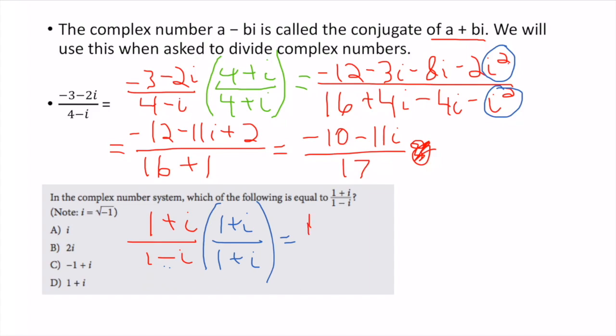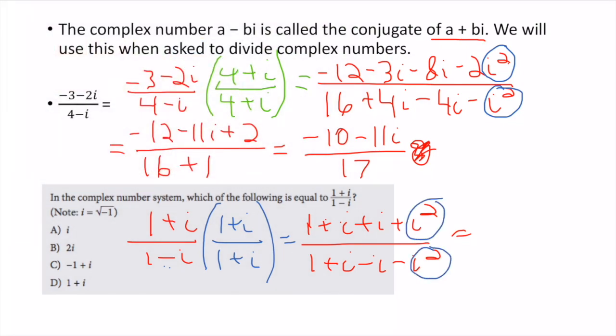So when I FOIL the top, I get 1 plus i plus i plus i squared. And for the bottom, I got 1 plus i minus i minus i squared. Now again, i squared equals negative 1.